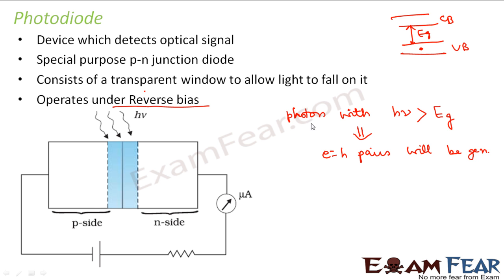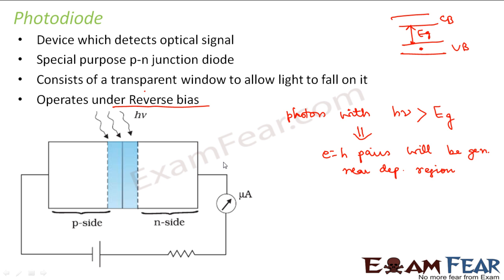So if the light consists of photons with energy h nu greater than the energy gap, then electron hole pairs will be generated. Now these electron hole pairs will be generated near the depletion region, because the window is constructed in such a way that here only the electron hole pairs will be generated.